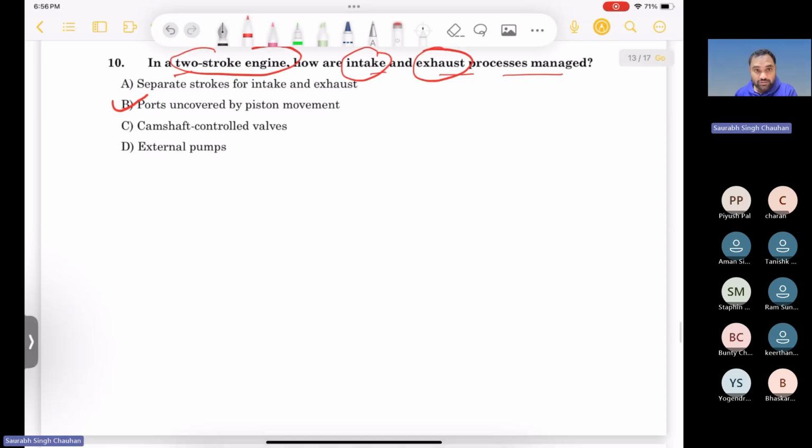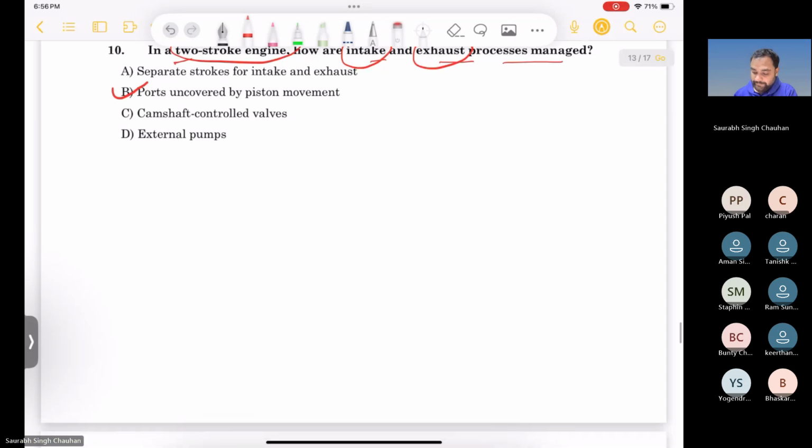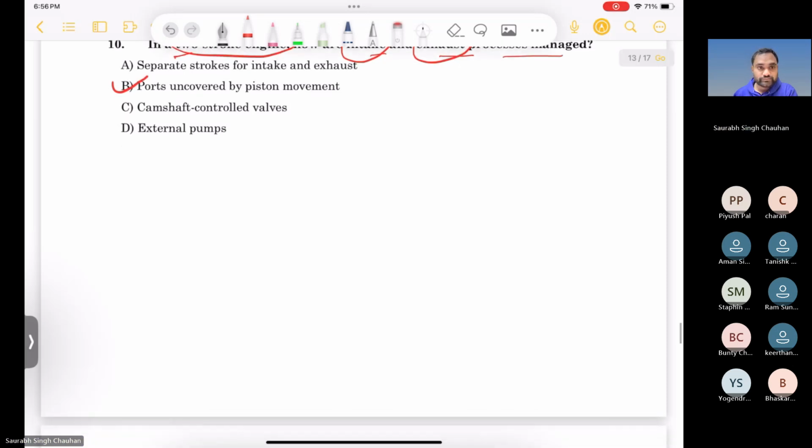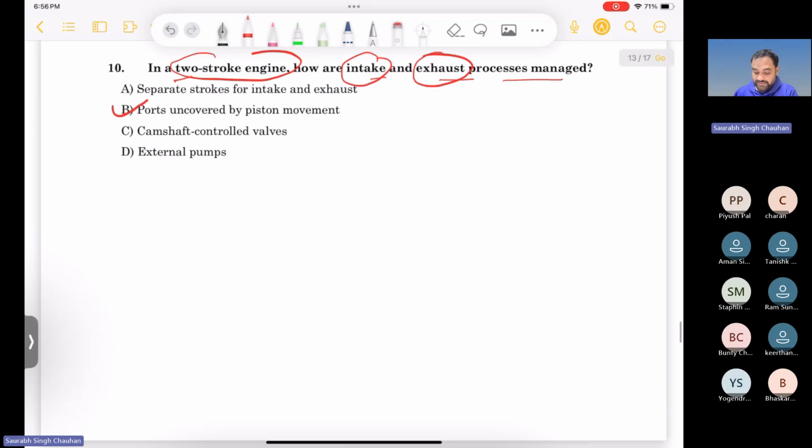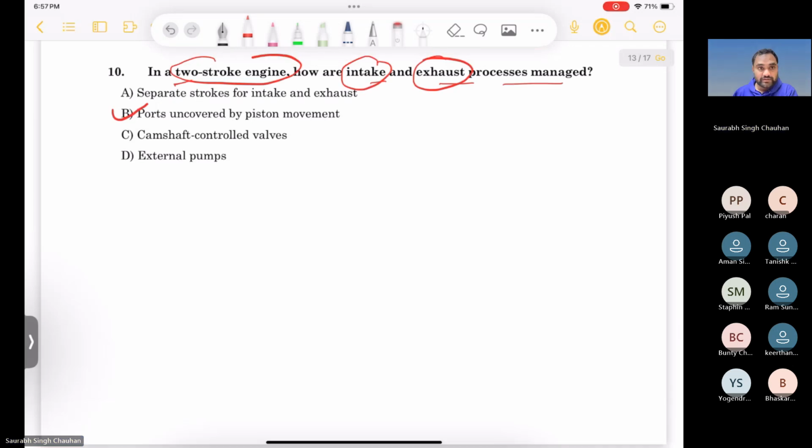Option C, camshaft controlled valves. No, because there are no valves. External pumps. No, no external pump. So I hope this is clear. Question number 10: within the two strokes itself, the whole process is completed.